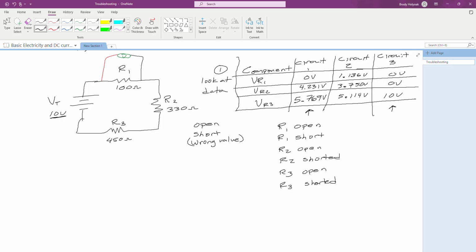In looking at it originally, we're just glancing with what we know. We know that according to Ohm's law, the larger resistance values are going to have a larger voltage drop. So if we look under our values, R3 has the biggest resistance. Therefore, R3 should have the biggest voltage drop of all of them.